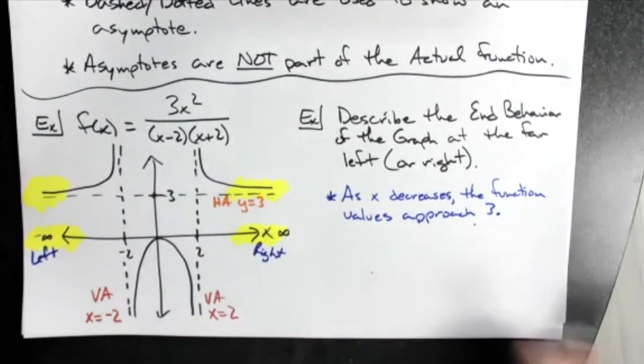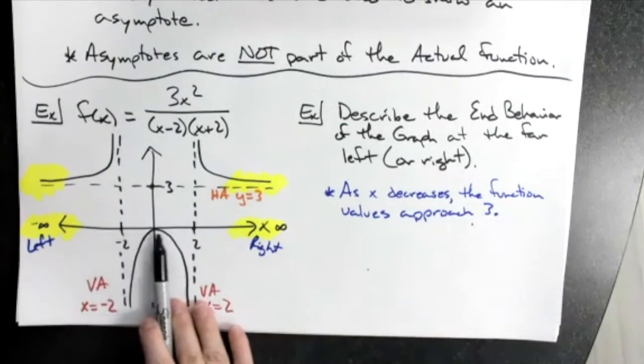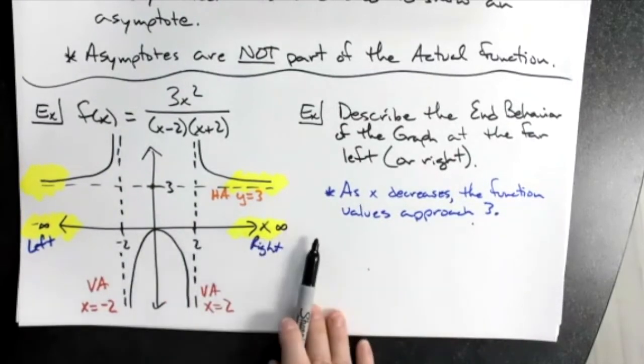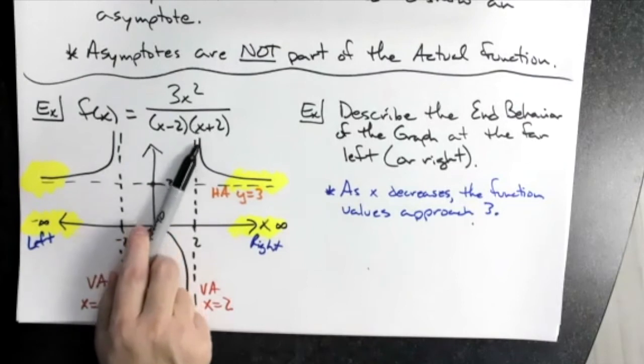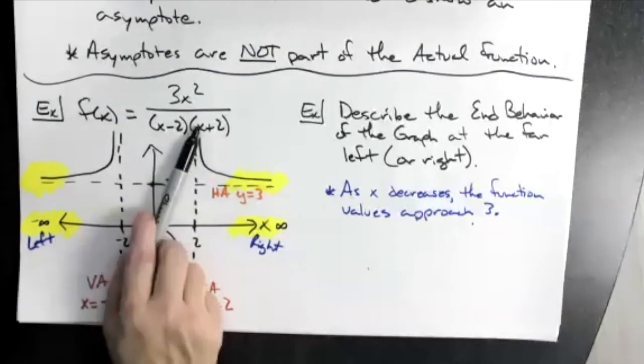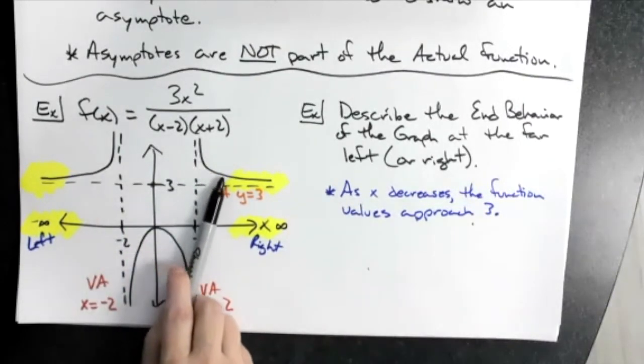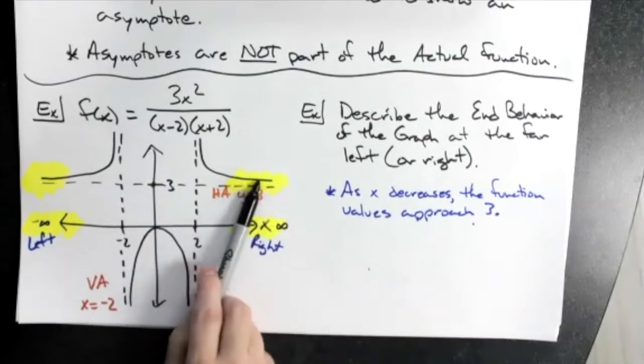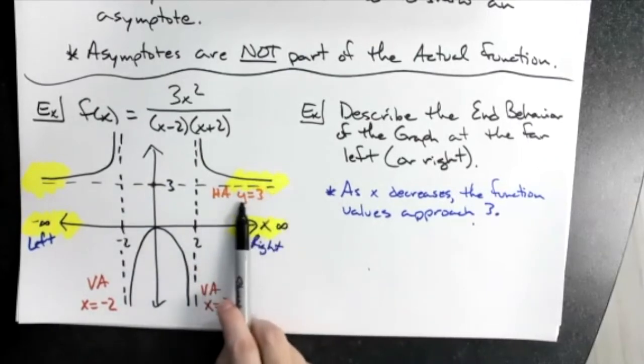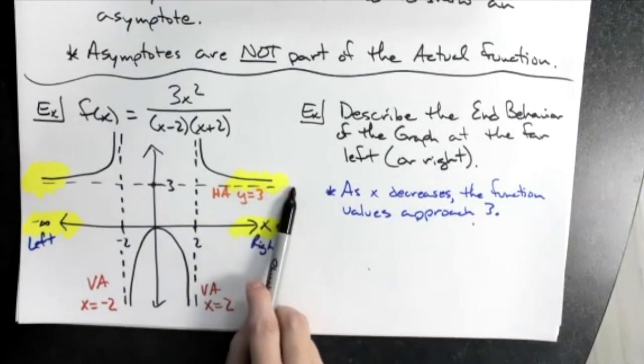So as x increases, as I go to the right, the value of the function, now by coincidence on this one, as it gets way out here, it's going to get infinitely close to that horizontal asymptote of y equals 3, but it's never ever going to touch it. So again, as x increases, the function values approach 3.